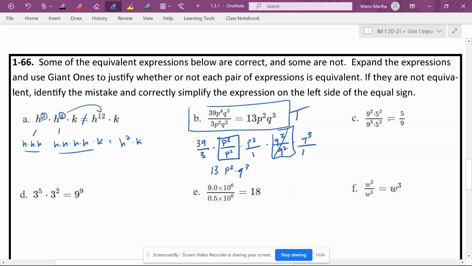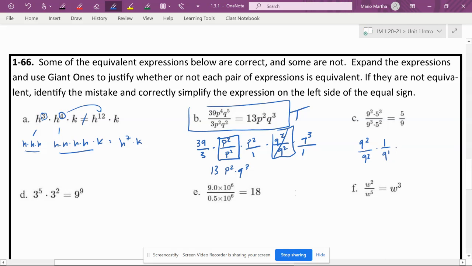Part C. Same thing. So the base is 9. 9 to the 2nd power times 5 to the 3rd power divided by 9 to the 3rd times 5 to the 2nd power. So write out your giant one. So that would be 9 to the 2nd over 9 to the 2nd times 1 over 9 to the 1st. Now, if you notice, I'm supposed to have 3 at the bottom.